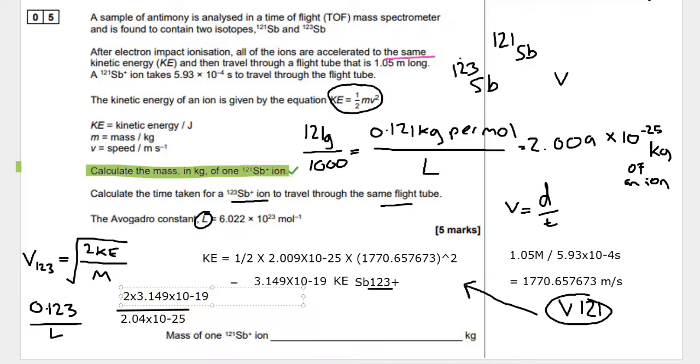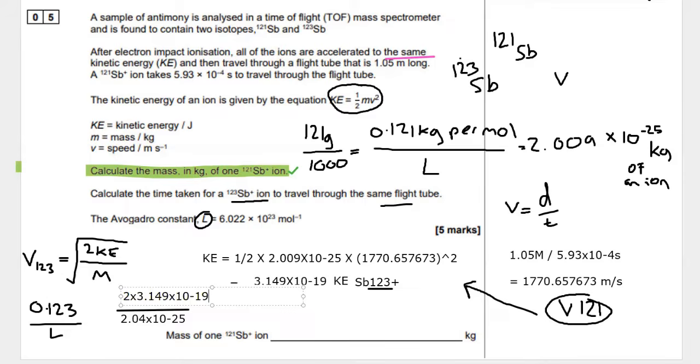So 2 times 3.149 times 10 to the minus 19, and that is double the kinetic energy. Now we want to divide it by the mass, which was 2.04 times 10 to the minus 25.